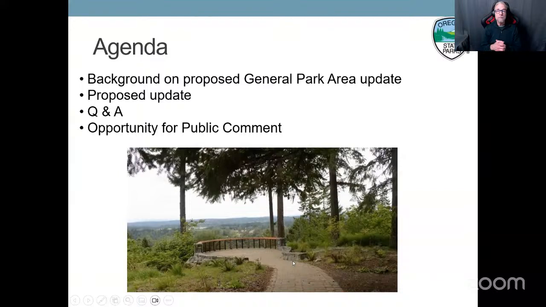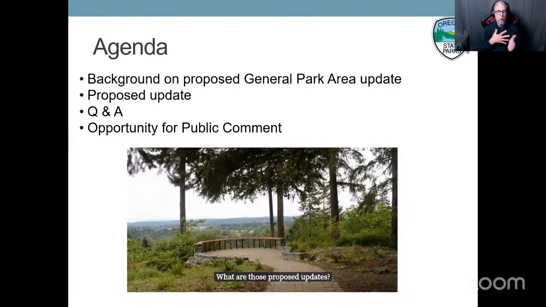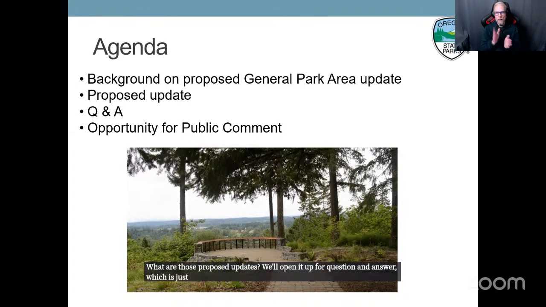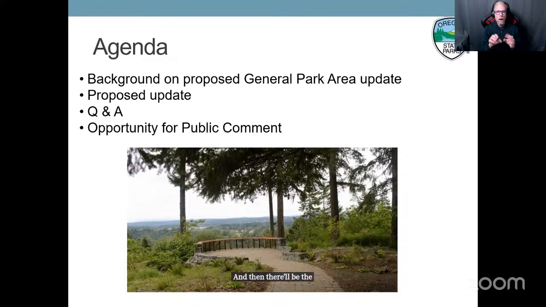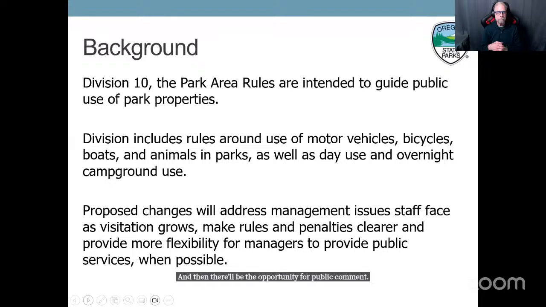So today's agenda is really to cover the background of why we're making these proposed changes to the general park area rules, and what those proposed updates are. We'll open it up for question and answer, which is just generic questions and answers about the process. And then there'll be the opportunity for public comment. So a little bit of background.